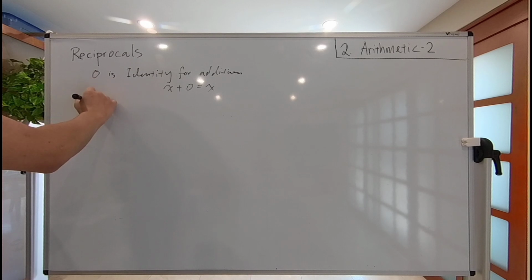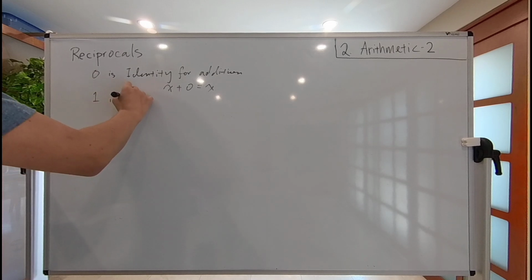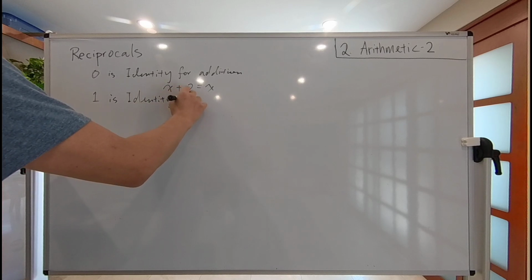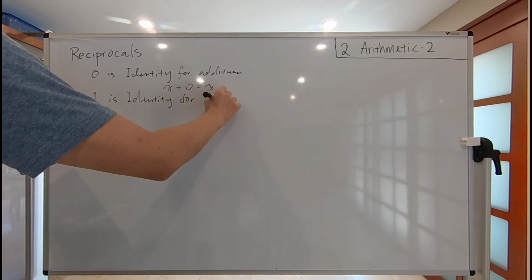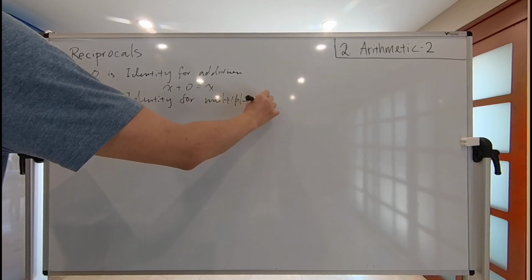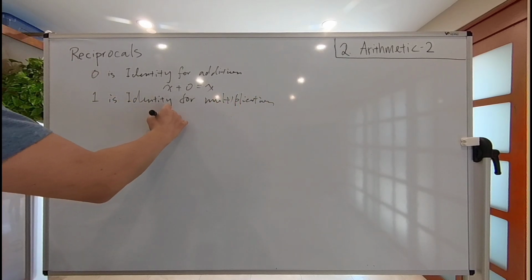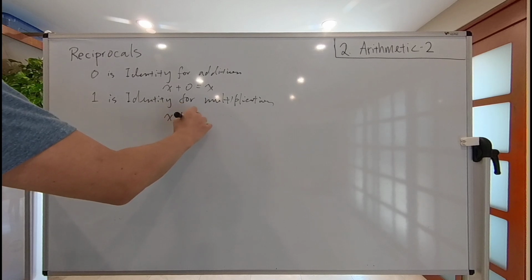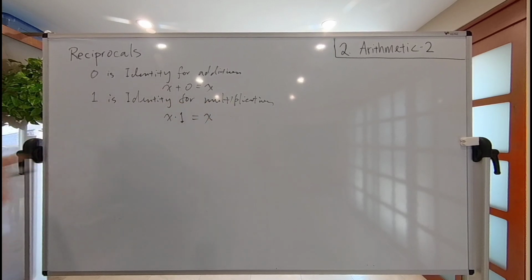And we also learned that number 1 is the identity for multiplication, such that any number x multiplied by 1 is this number itself, right? So this is what we learned.